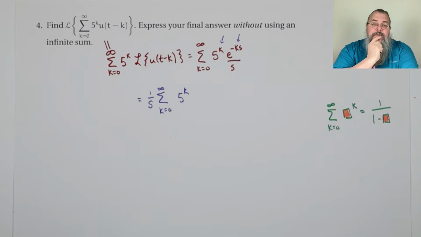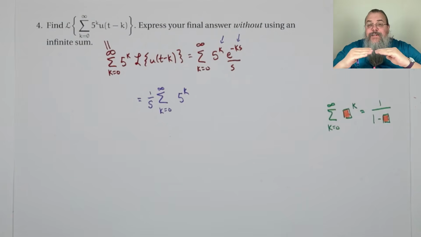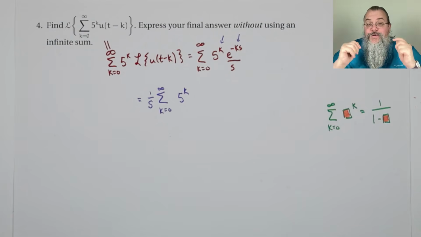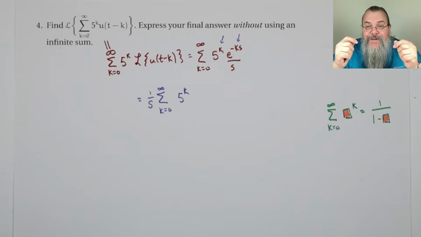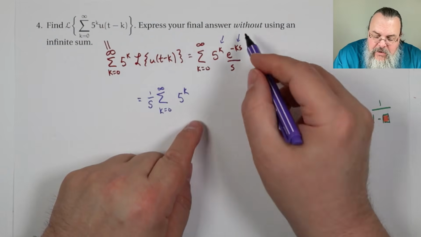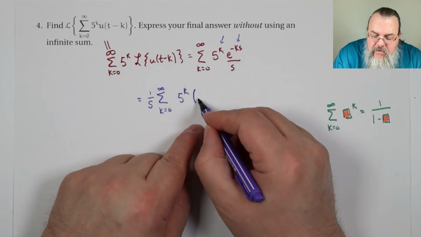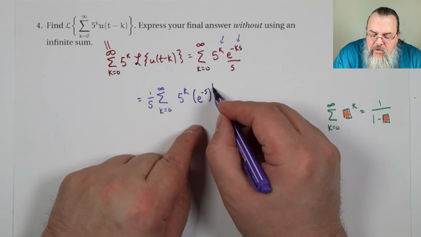But now we say, well, hey, this is exponents, and there's nice rules about exponents. One of the nice rules is if you have multiplication, that indicates a power to a power. We're looking for the higher power, the power upstairs. In particular, I claim this is e to the minus s raised to the kth power.